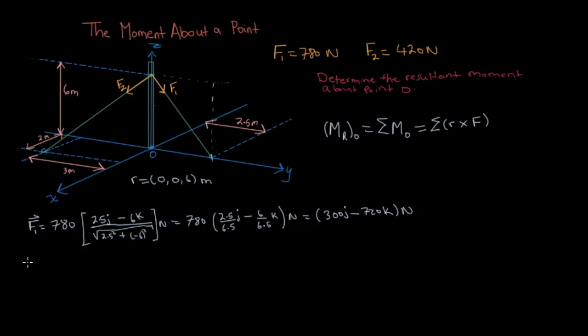How about for F2? What does F2 equal? Well, we know that the magnitude is 420 newtons, so we'll write 420 times its unit vector. We know that F2 goes 2 meters in the x direction here, so it's going to be 2i, and then it goes 3 meters in the negative y direction, so it's going to be minus 3j.